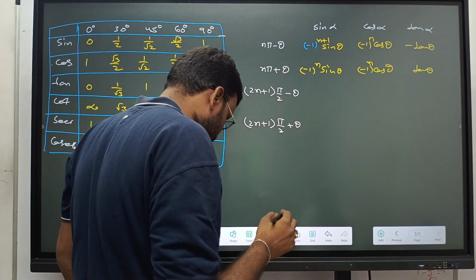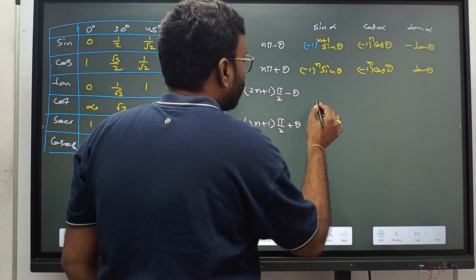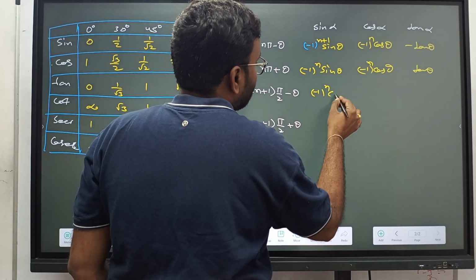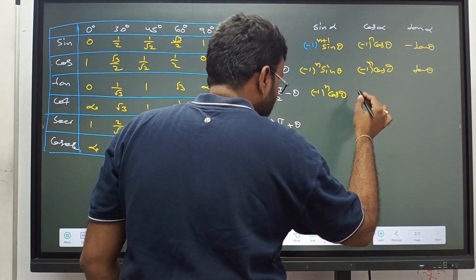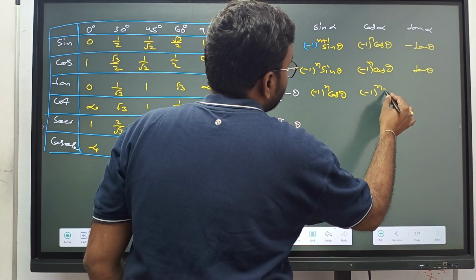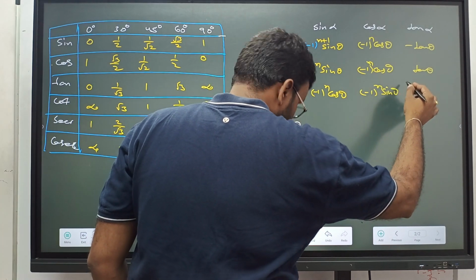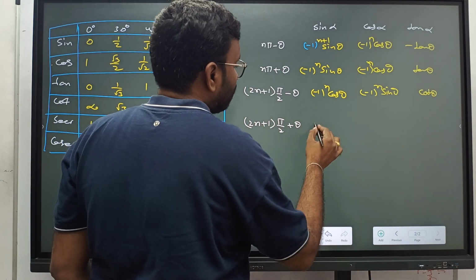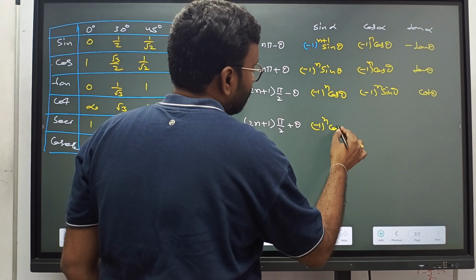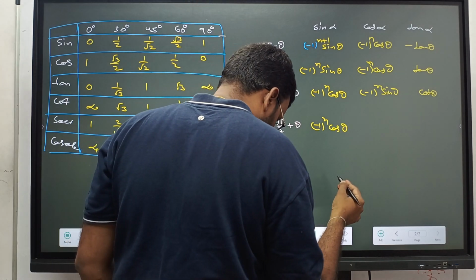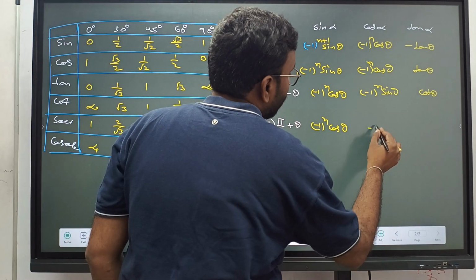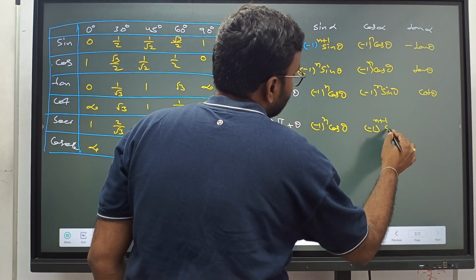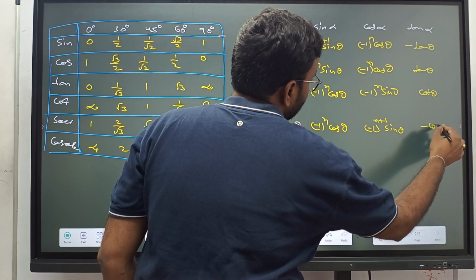What about this? Minus 1 whole power n cos theta, and this is minus 1 whole power n sin theta. And what about this? Cot theta, and this is minus 1 whole power n cos theta, and this is minus 1 whole power n plus 1 sin theta, and this is minus cot theta.